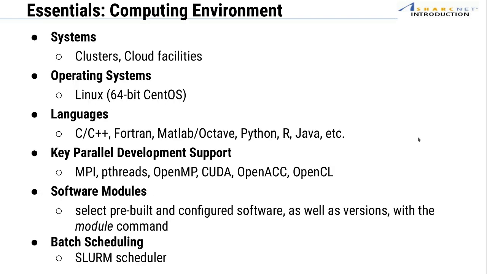In terms of environment, all our clusters are using the Linux operating system, and we primarily provide cluster resources, but also some cloud resources. In terms of programming support, if you're developing software, we provide all the modern compilers, C, Fortran, MATLAB, Octave, Python, R, Java.